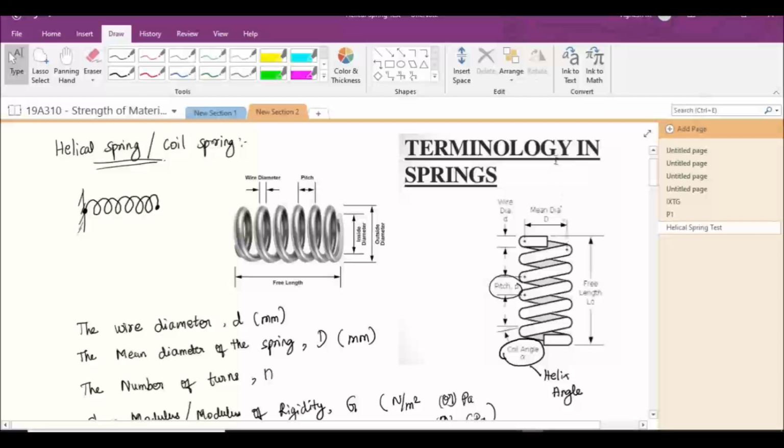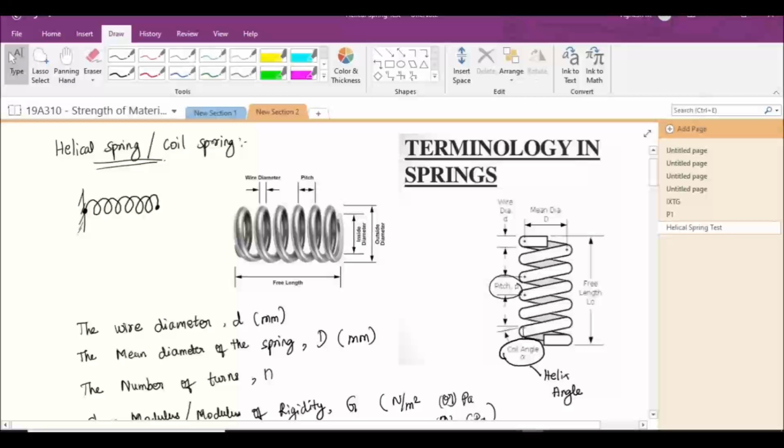But when we compress this entire spring in such a manner that the gap between the coils is zero, or there is no gap between the coils, the length of the spring is going to be the number of turns times the wire diameter. This is the length of the spring after it is compressed in such a manner that there is no gap.